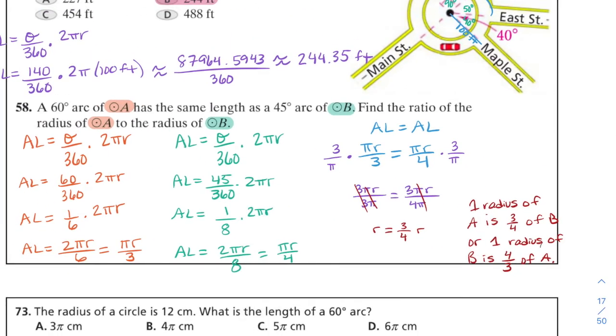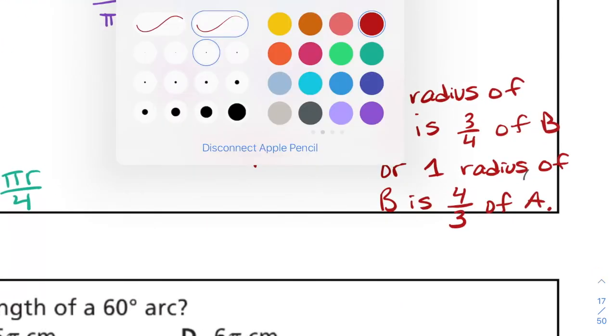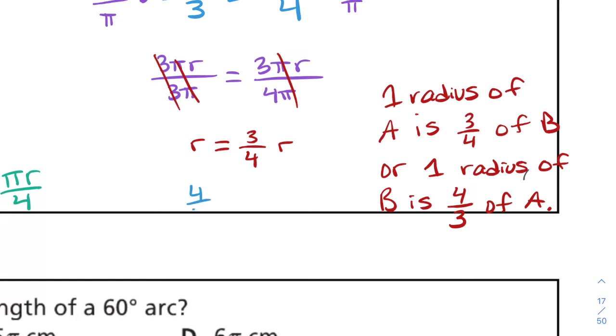So if circle A needed a 60-degree angle to be equivalent to the same length as a 45-degree arc of B, that means A has a smaller radius because it needs to be magnified by more. It needs to be magnified by 60 over 360, not 45 over 360. So in this case, it is 3/4 of the length of the other circle. But if you were to multiply both sides by 4/3, you would get 4/3 R equals R, right?